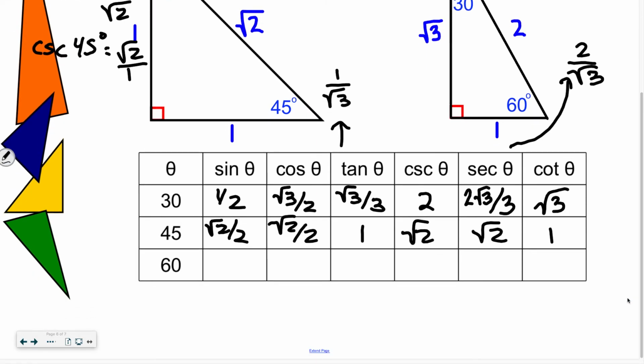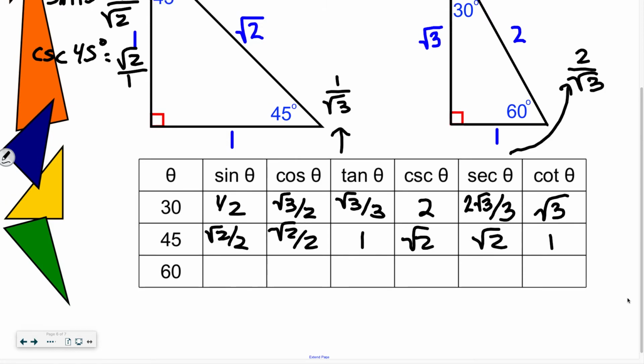And last one there is 60. Well, for the 60-degree angle, you go back to the 30, 60, 90 triangle, so you're going to see some similar values, but things are going to be flip-flopped, right? Now you're looking at it from a different angle. So in the 30-degree, 1 was opposite, square root 3 was adjacent. In the 60 degrees, that flip-flops.